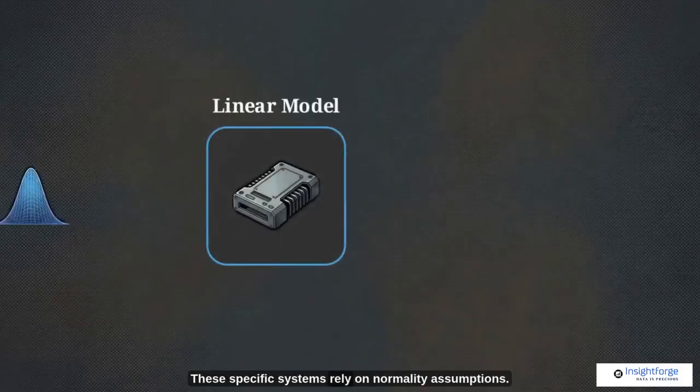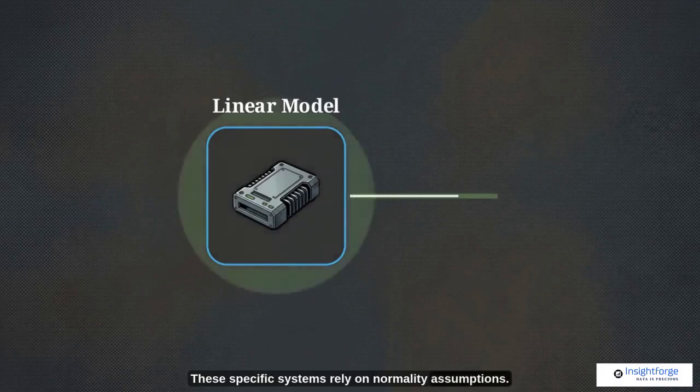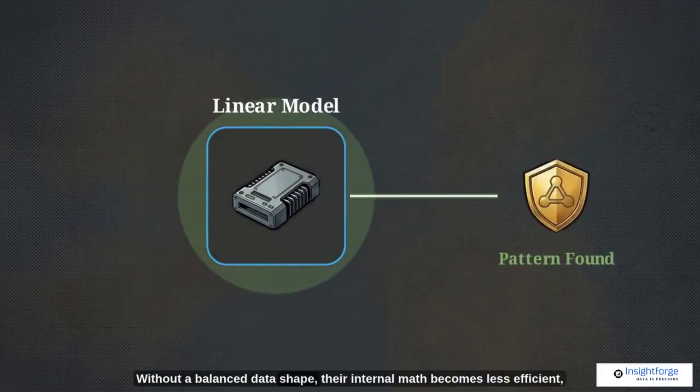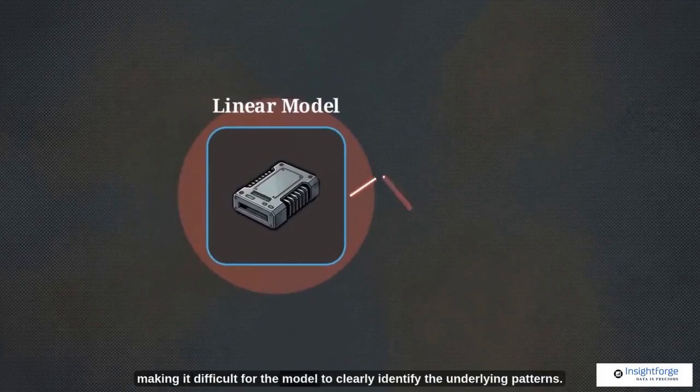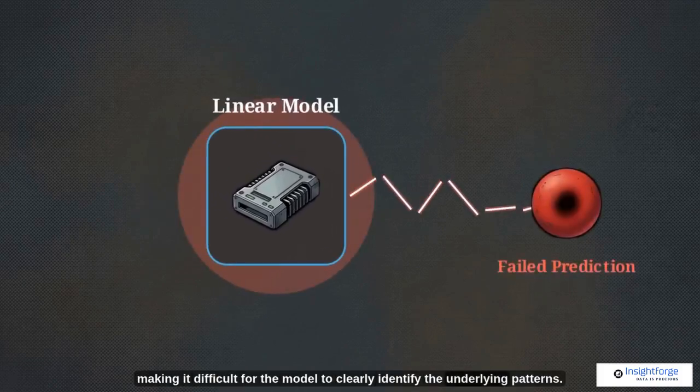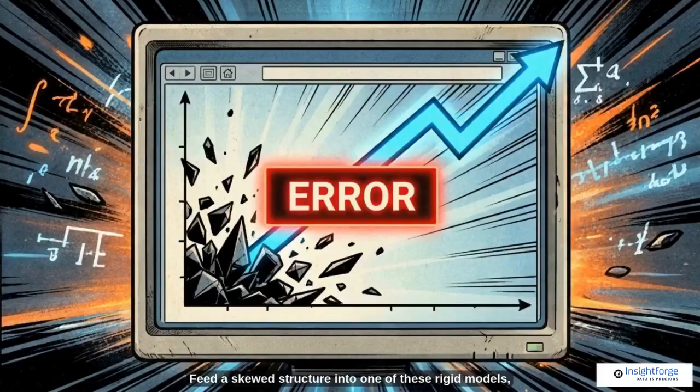These specific systems rely on normality assumptions. Without a balanced data shape, their internal math becomes less efficient, making it difficult for the model to clearly identify the underlying patterns. Feed a skewed structure into one of these rigid models, and the real-world consequences are immediate.